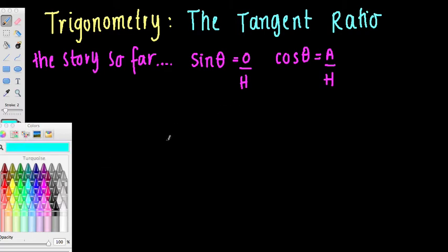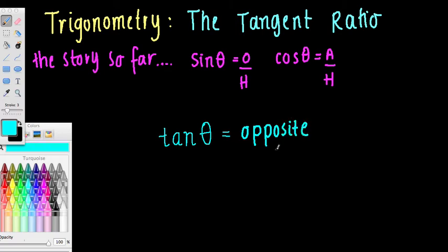The tangent ratio, again, we write in shorthand. We will not write tangent every time. Tan theta is equal to, and I might just make this a little bit bigger. Have you guessed? It's the opposite side over the adjacent side.